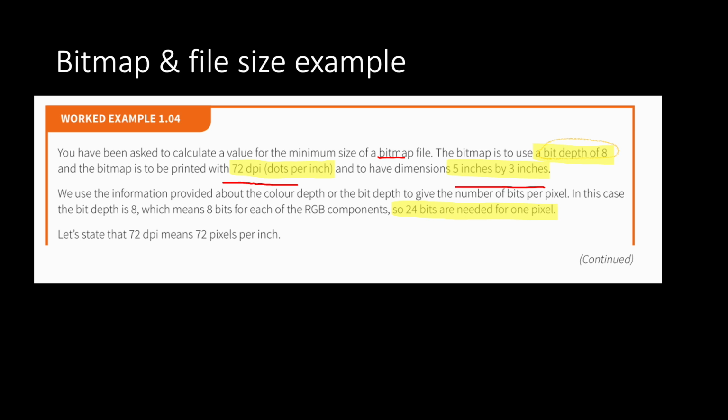Right, so for a bitmap file, we read as we go through. It has a bit depth of 8, which means it has a color depth of 8 plus 8 plus 8, which is 24. So each individual pixel will take 24 bits.